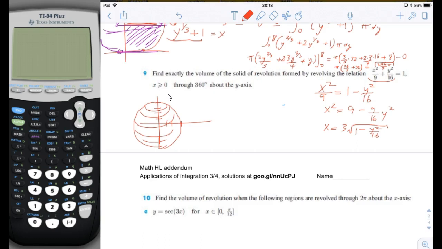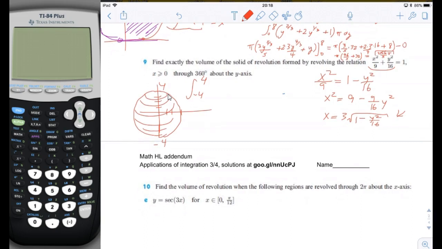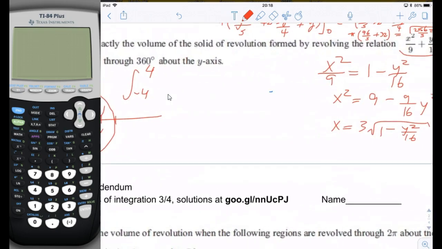And I would integrate from, remember that this goes from -4 to 4 in the y direction, so my integral would be from -4 to 4. My x expression would be this squared, because it's the radius squared. So I would put 9 times 1 minus y squared divided by 16, squared, times pi dy.